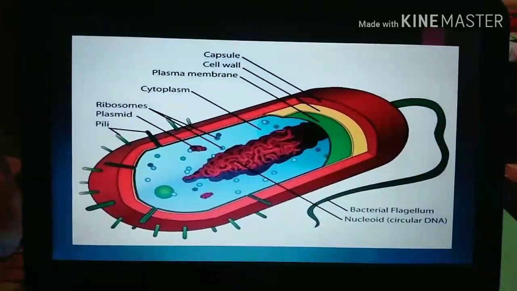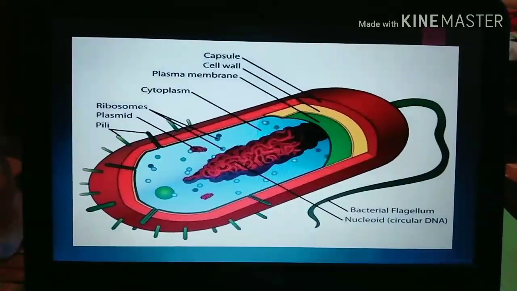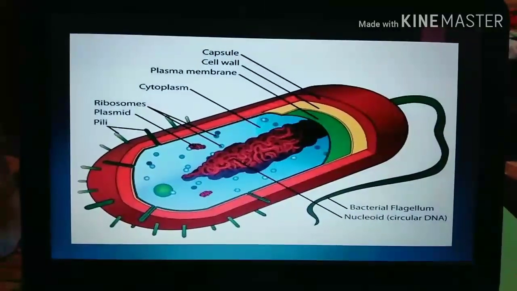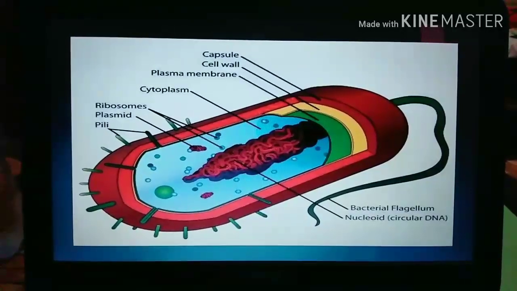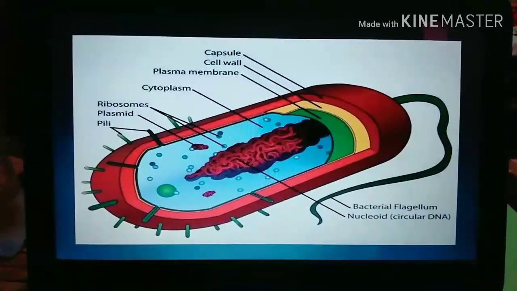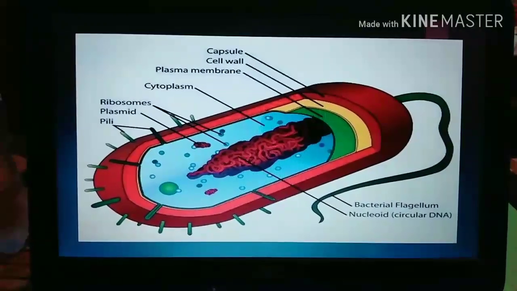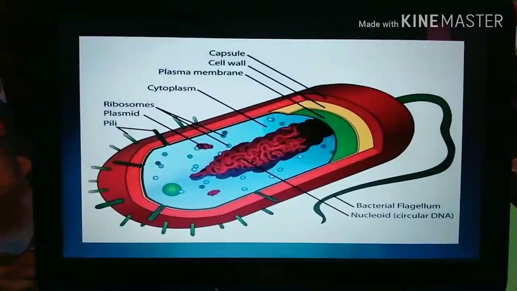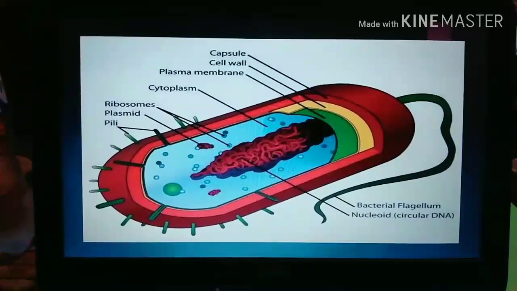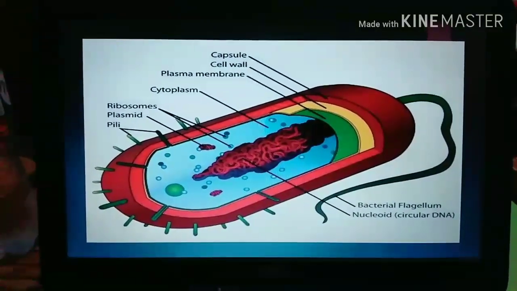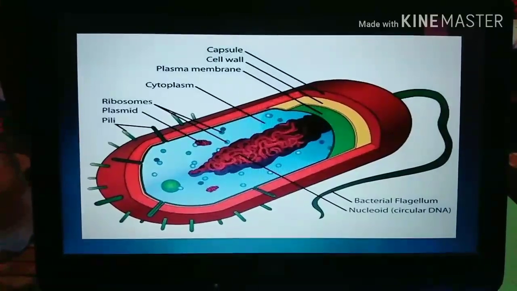It is a gel-like matrix composed of water, enzymes, nutrients, waste products, proteins, carbohydrates, and lipids. A complex mixture of all the materials required by the cell for its metabolism.